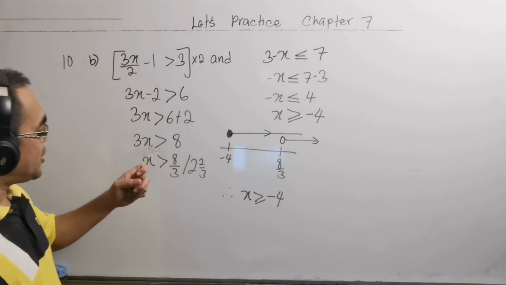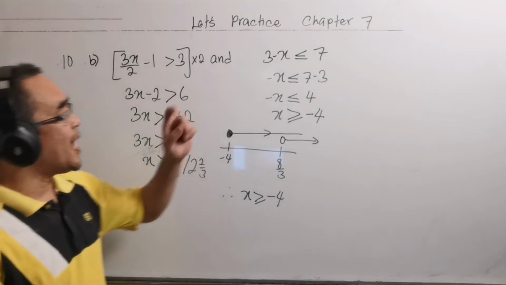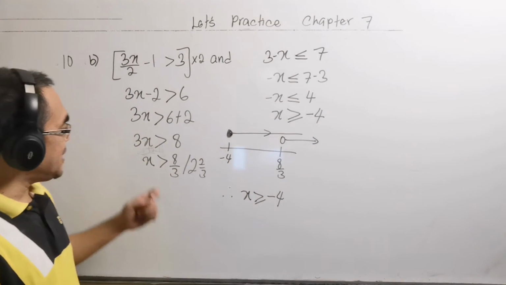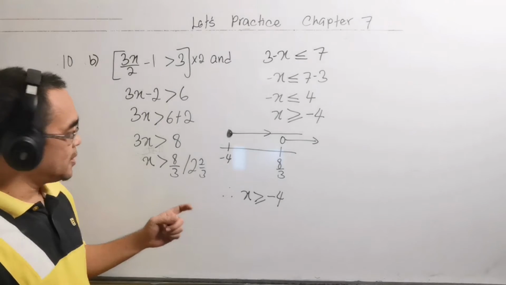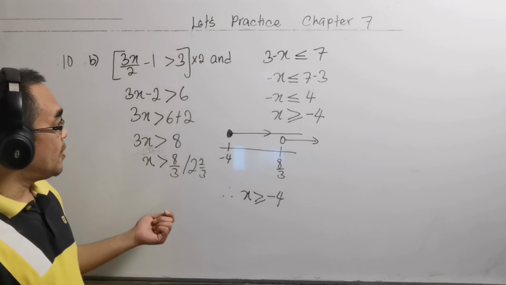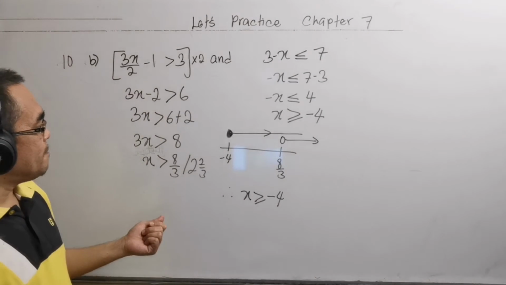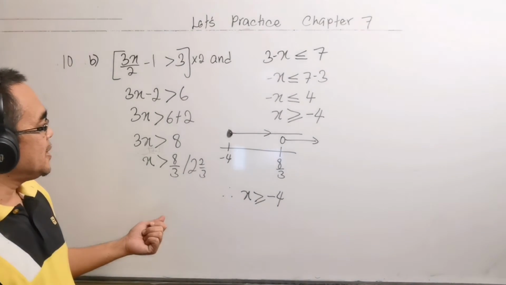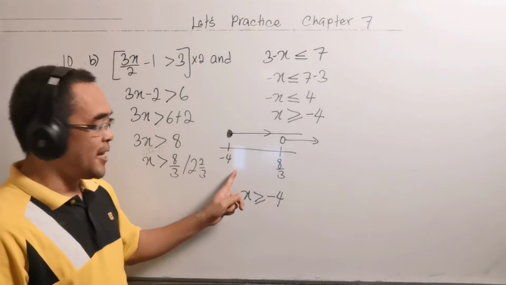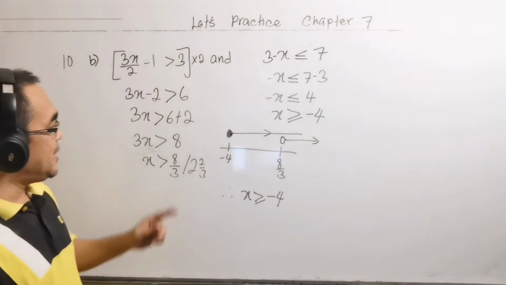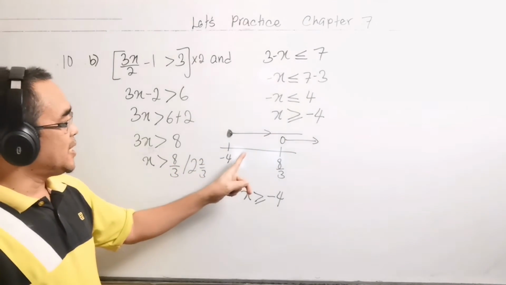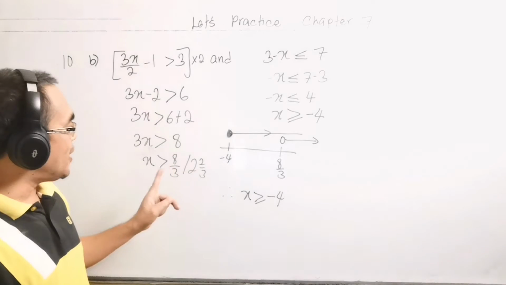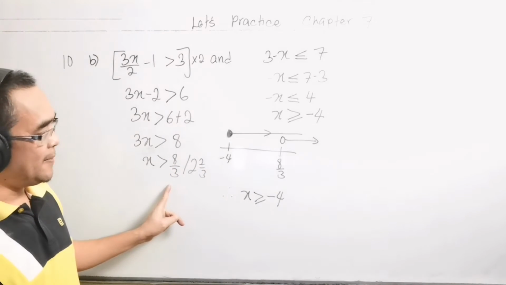Okay, we have two conditions, larger than 8 over 3, larger than negative 4. If larger than 8 over 3 could be 4, okay, so it will be larger than negative 4. But if it's larger than negative 4, for example, is negative 3, it is not larger than 8 over 3.